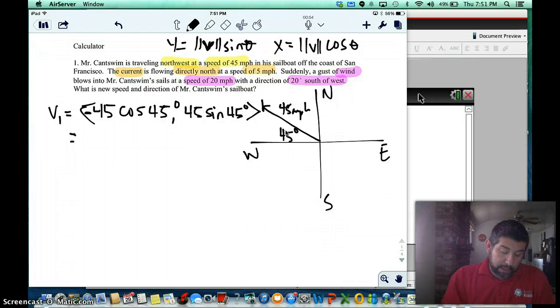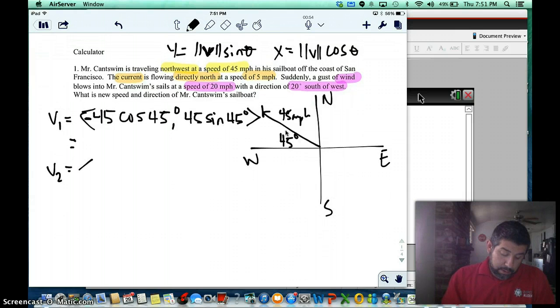We're going to calculate that out in just a second. We've got our second vector, which is directly north. Directly north is going to be right here. So we can use 90 degrees, right? Because this is 90 degrees. If we start here at 0, then we would go all the way this way, and that would be 90 degrees.